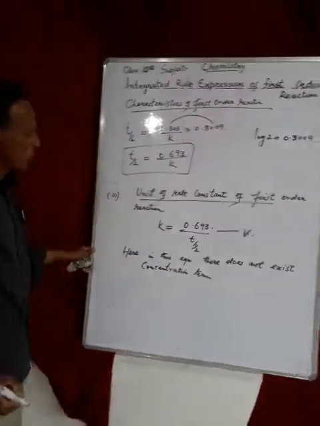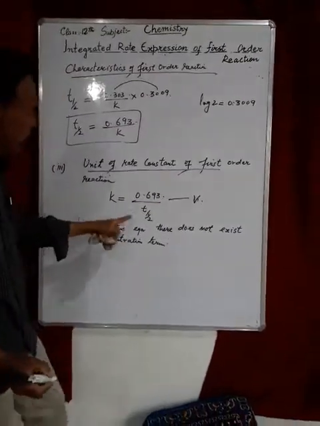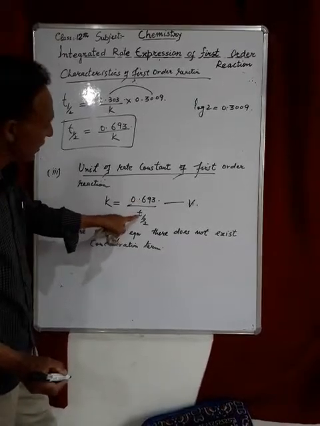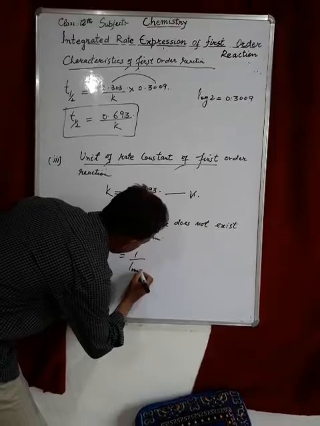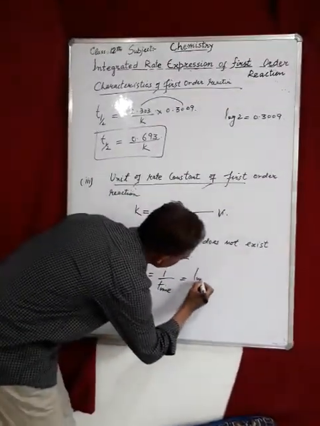So what will be its unit? The numerator is constant, and we write 1 divided by time, that is time inverse.